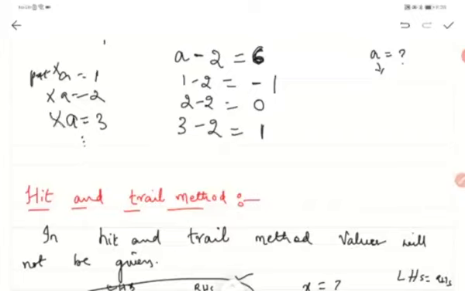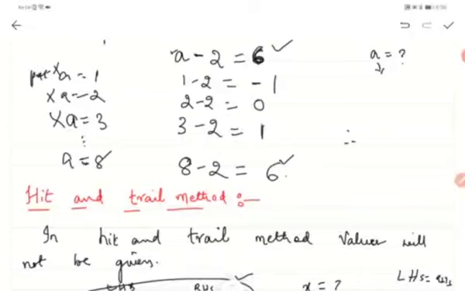Okay, so when you substitute a equal to 8, 8 minus 2 will give you 6. So we got the RHS value as 6 when we have substituted a equal to 8. Therefore your answer is a equal to 8.